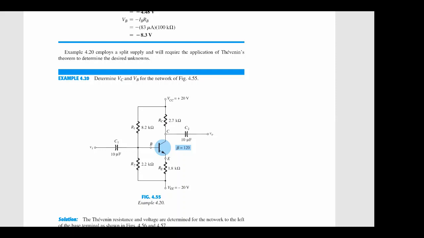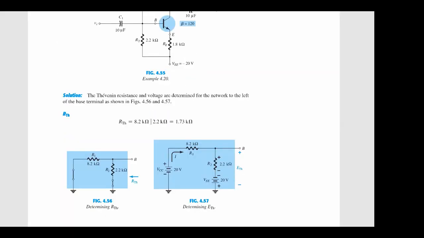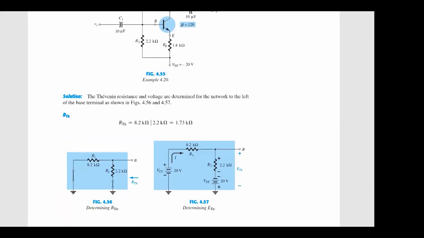Yes, sir. So in that case, we are going to have the Thevenin equivalent of this circuit, and we are going to figure out the Thevenin equivalent resistance, right? This means R1 and R2 will become in parallel. Can you see figure 4.56, right?